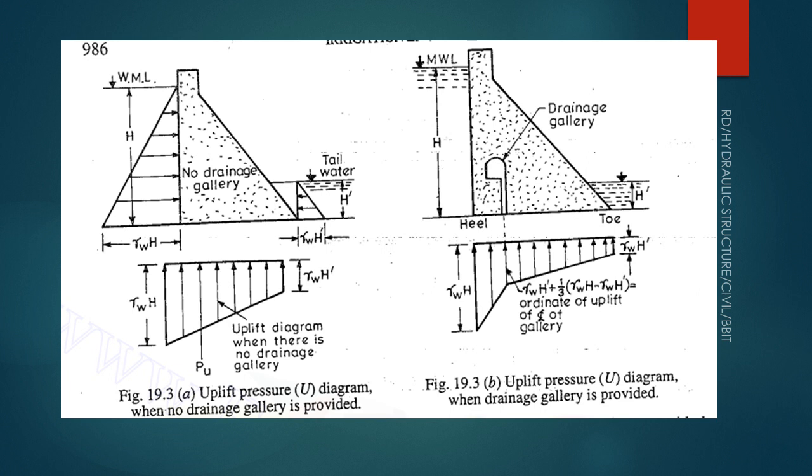This is the total triangular part, and this is the triangle part and this is the rectangle part. This was the previous case, when the drainage gallery was not provided; in that case, this part would have been representing it.